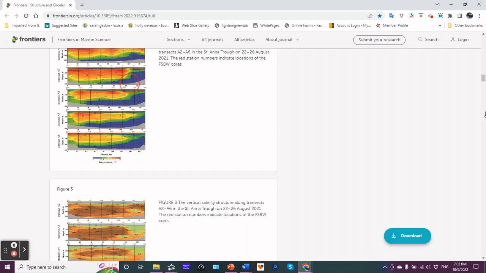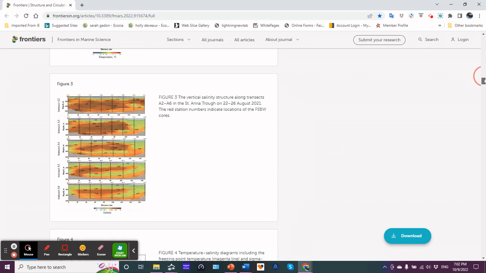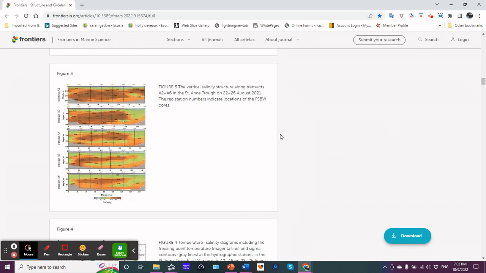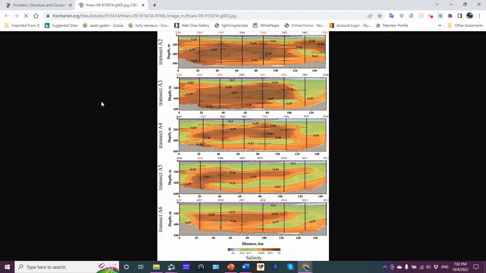Okay, let's look now at the vertical salinity structure. Take a bit of a peek at that. Again, the darker the colors, the more saline it is.